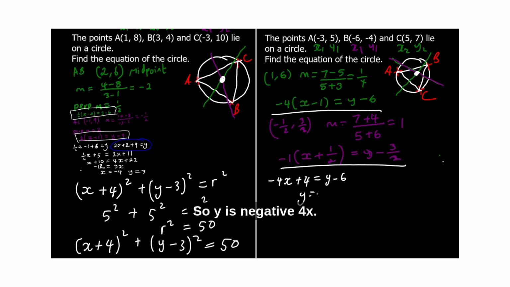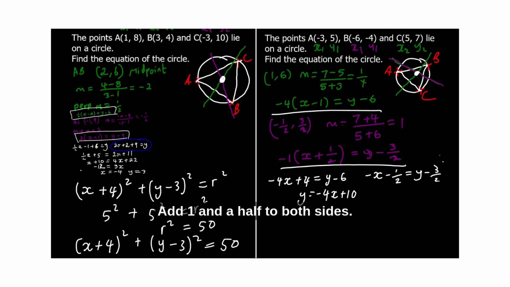So y is -4x plus 10. And the second one, we've got -x minus 1/2 equals y minus 3/2. Add 1.5 to both sides. So y is negative x plus 1.